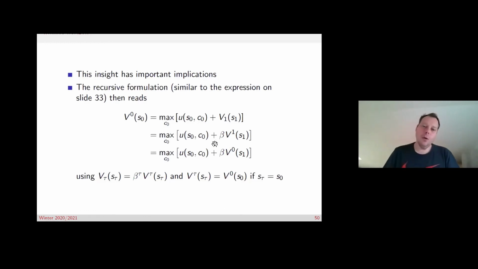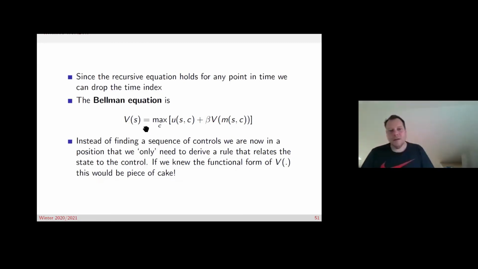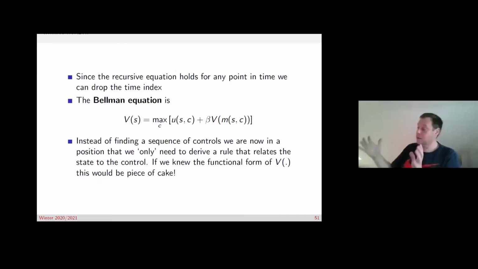Okay, so what we then can do is basically we can get rid of the time index and have a formulation that says that the value that you experience, so the optimized objective at any state that you are in, is just the contemporaneous utility plus the discounted value that you are in tomorrow, having chosen the control optimally.